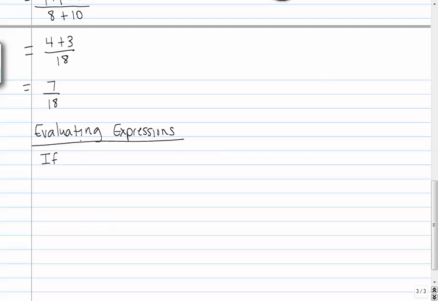We're going to look at this one first. If x equals 1, y equals 3, and z equals 5, evaluate the absolute value of 2x plus 3y.